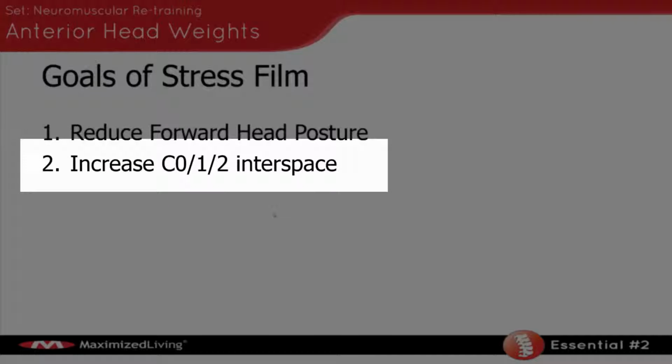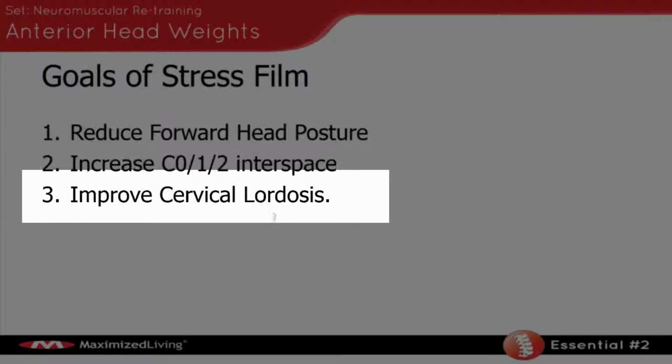You want to see an increase of C0, C1, and C2 interspace. If those two goals are met, reduce forward head posture and increasing C0, C1, C2 interspace, I know one thing is happening. The patient is tucking their chin, pulling back, strengthening their neck flexors, and I'm going to see a better film after a period of time.